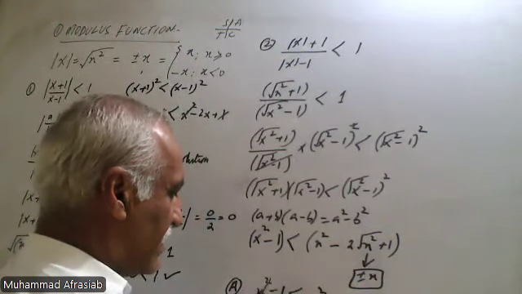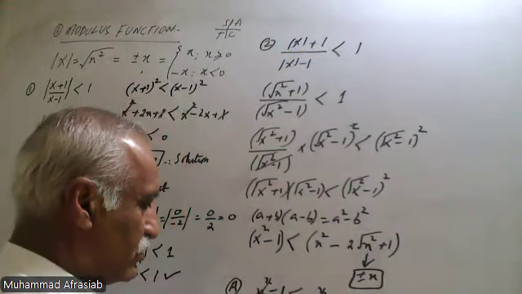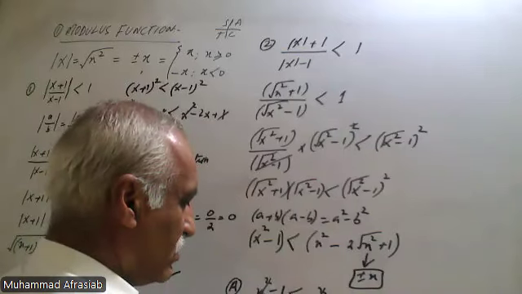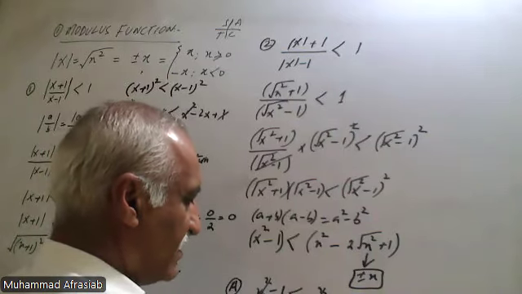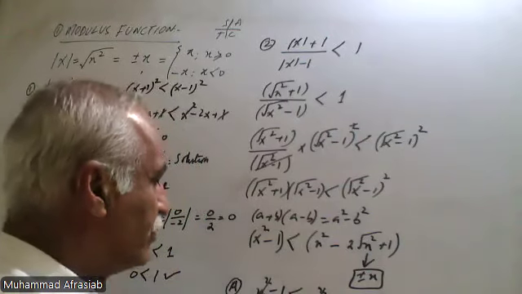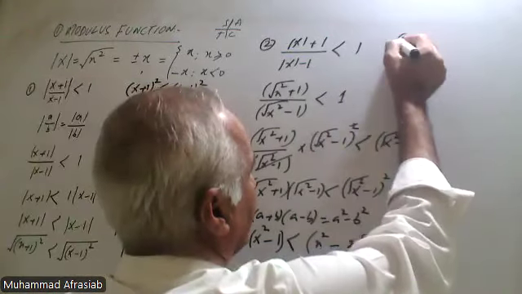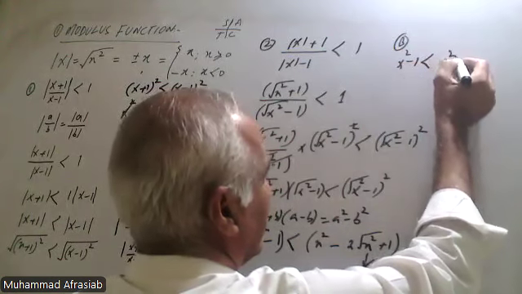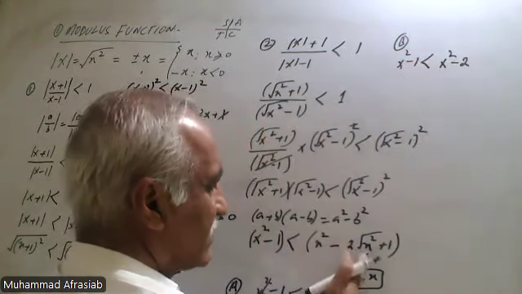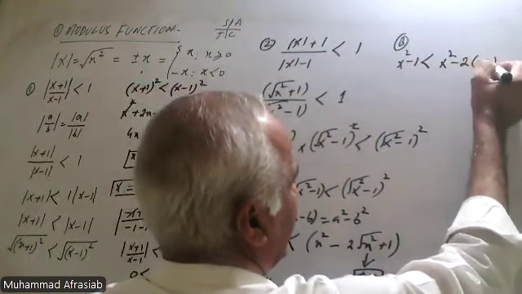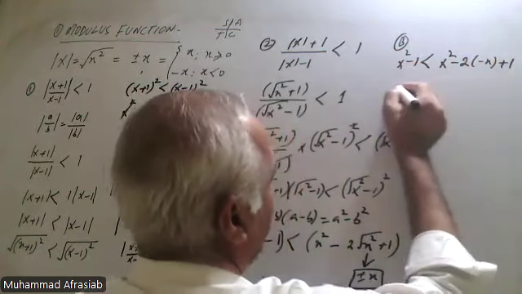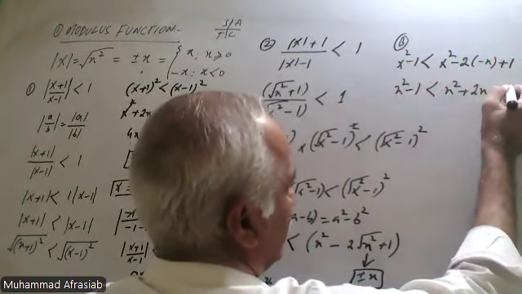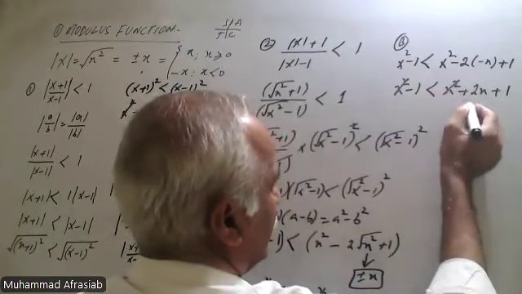Now if we solve this, x square and x square are going to cancel. So 2x is less than 2, which implies that x is less than 1. If we use the second option, that x square minus 1 is less than x square minus 2 times minus x plus 1, so it will become x square minus 1 is less than x square plus 2x plus 1. x square and x square are going to cancel.